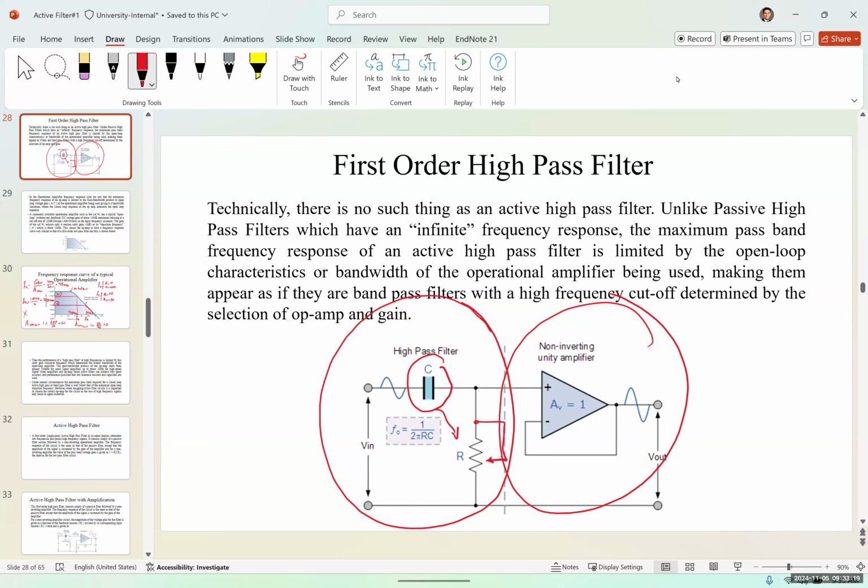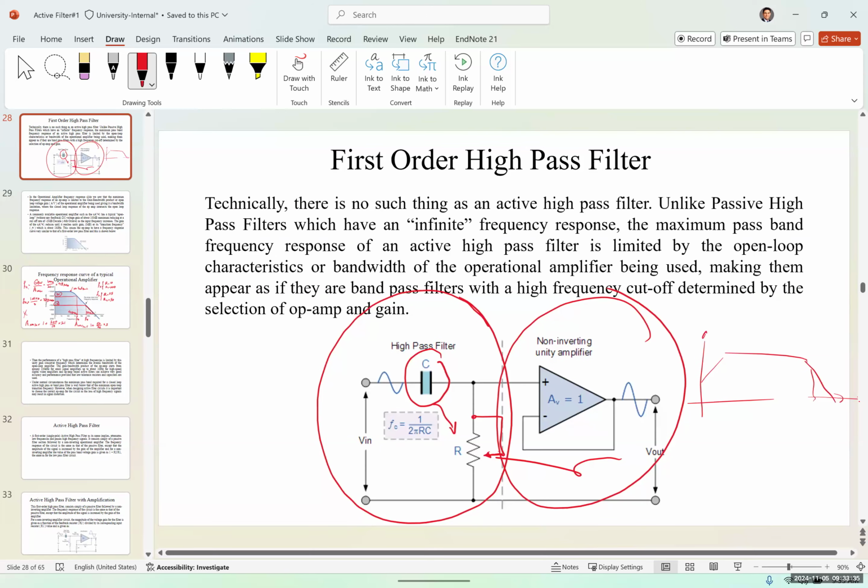We learned in reality, we don't have such a thing as an active high pass filter because an op amp itself has an upper cutoff frequency limit, which limits the upper cutoff frequency of the op amp. So technically, an active high pass filter is a band pass filter with a very high upper cutoff frequency.